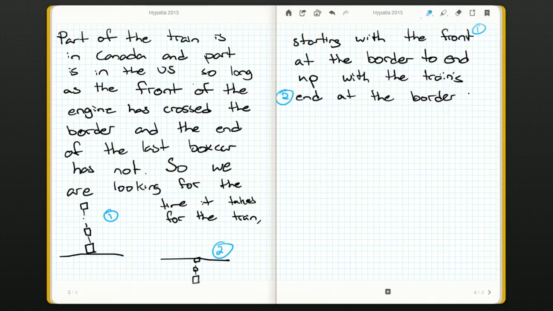All right. So we're looking exactly how long it takes. If the train starts with its front at the border, how long does it take until the very back of the train crosses the border? That's what we're looking for.